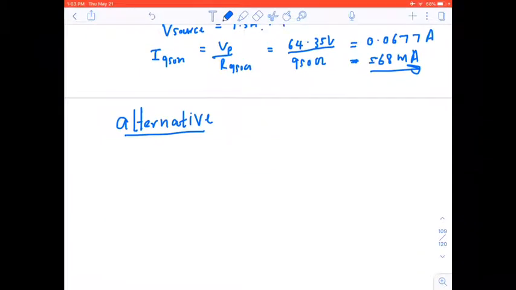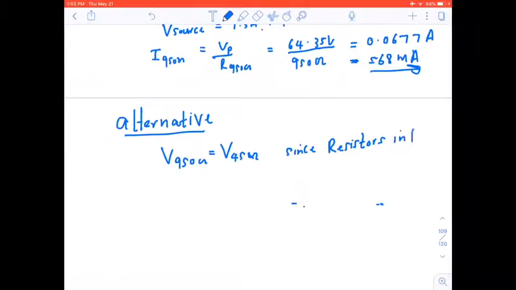So we can say V across the 950 ohm resistor is equal to V across the 45 ohm resistor, okay, since they are resistors in parallel.